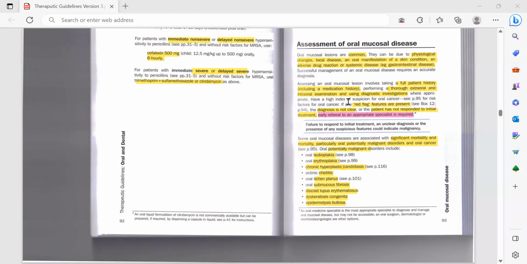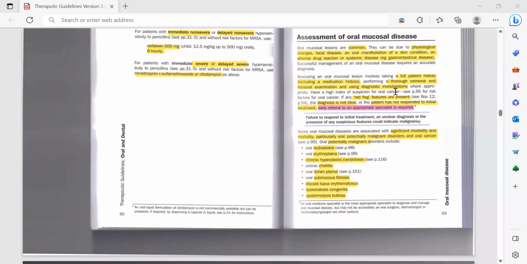Where appropriate, have a high index of suspicion for oral cancer. Whenever there is any risk factor, we will read which risk factors they are talking about, but always have a high suspicion of oral cancer, because you all know that every disease, even cancer, when it starts at the initial stage, it is very small, it is just like normal.